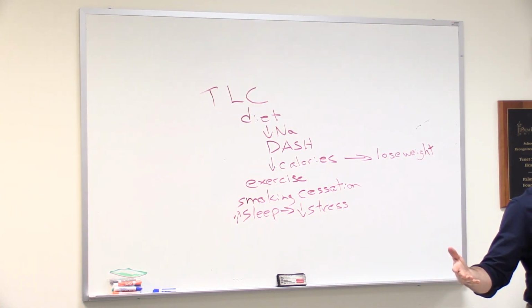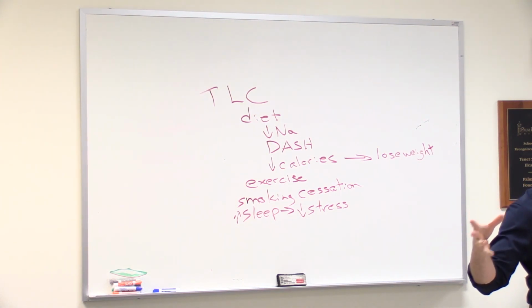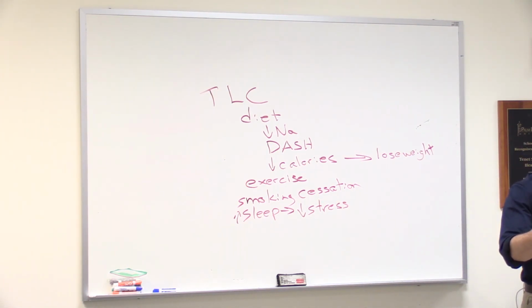Other patients will need a combination of both. But if you don't do the lifestyle modifications, the drugs will not work as well. Does that make sense? So we want to make patients feel like they are a part of their medical plan. It needs to be their plan. It's their life. And taking a drug, a lot of times, just isn't enough.